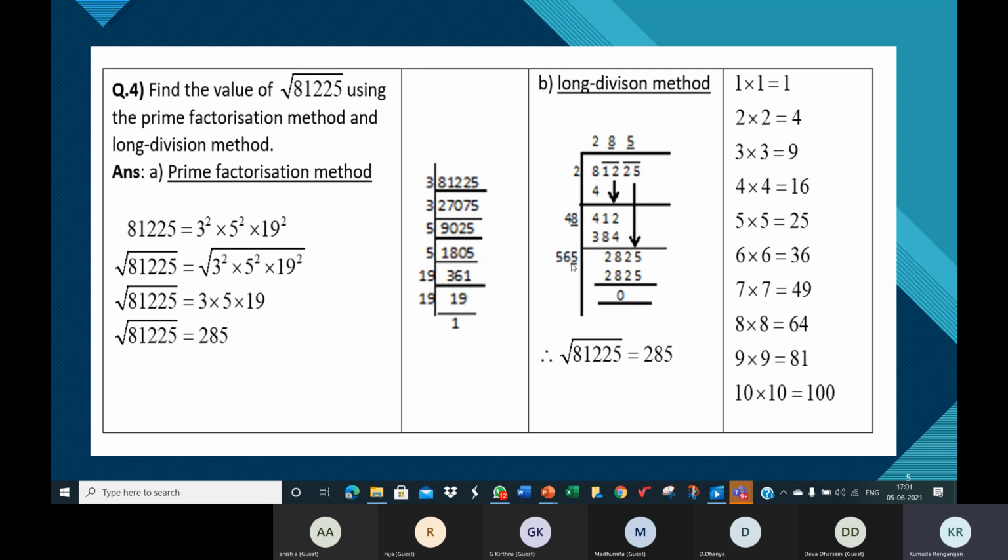Write 5 here and write the same digit 5 here. 565 into 5 will give you 2825. And the remainder is 0. Which means the square root of 81,225 is what you see here on top, 285.